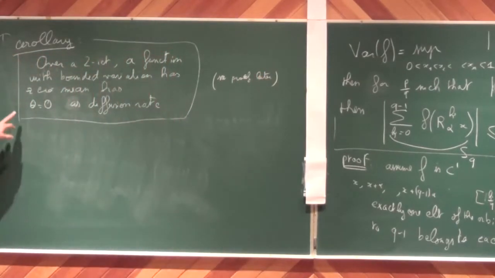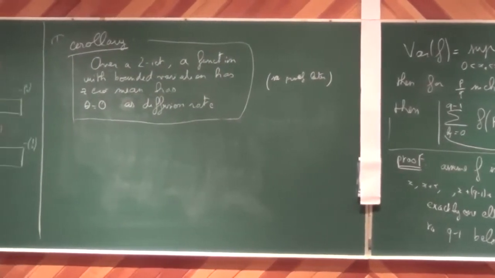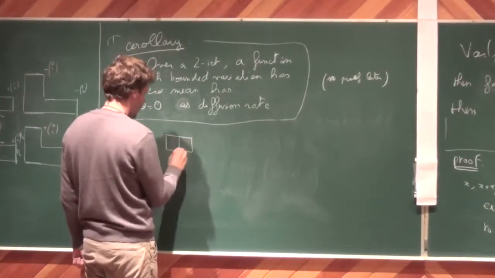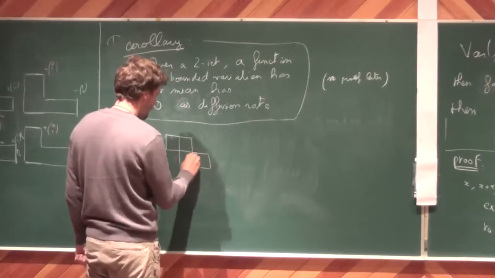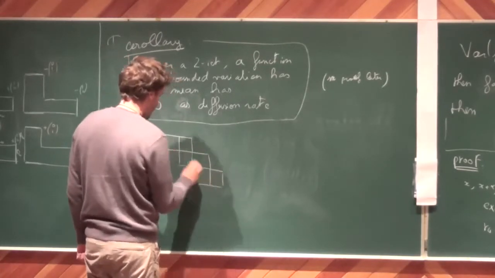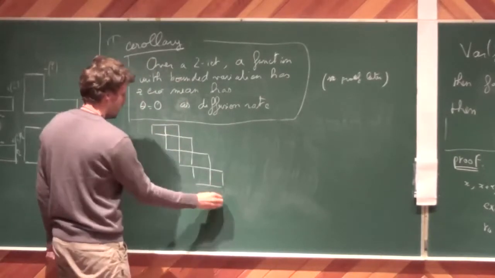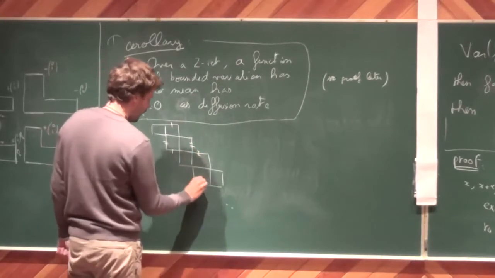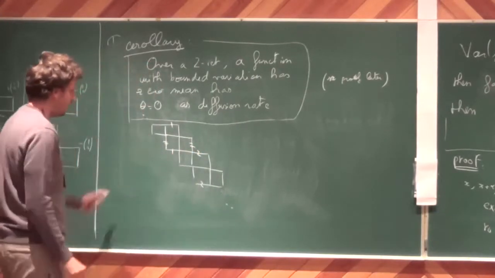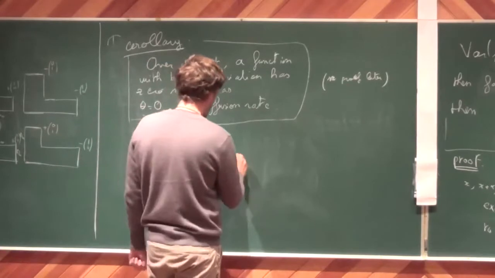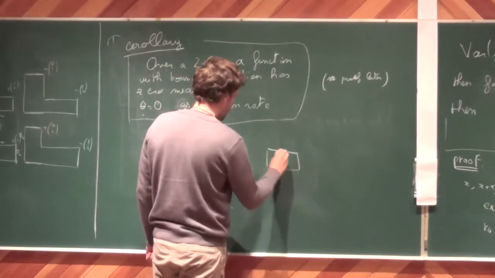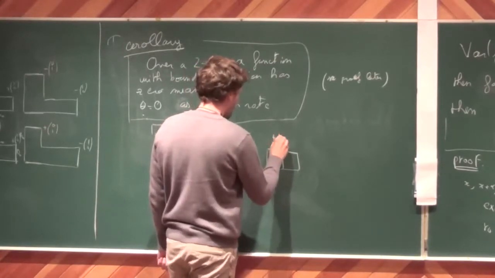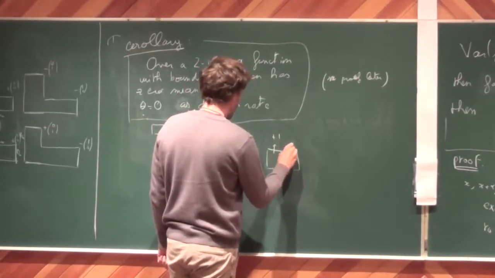Well, what I just want to show you is how you can use that for the study of some billiards. And one example is the well-known infinite staircase. And this can be seen as a cover of this surface, where when you pass through it, you go one up, and when you pass through it, you go one down.